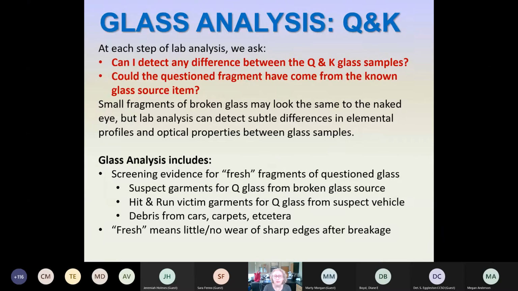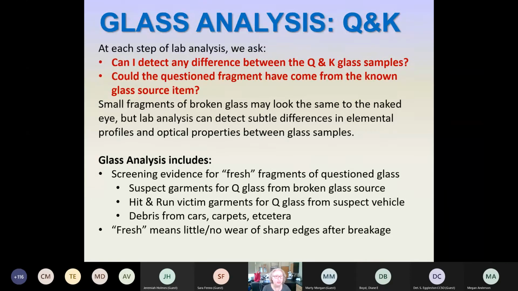We are not implying with the word fresh that it was recent in time, because we can't do that. This little fresh fragment could have fallen into a protected pocket in a vehicle, maybe the little storage area in your driver's door.